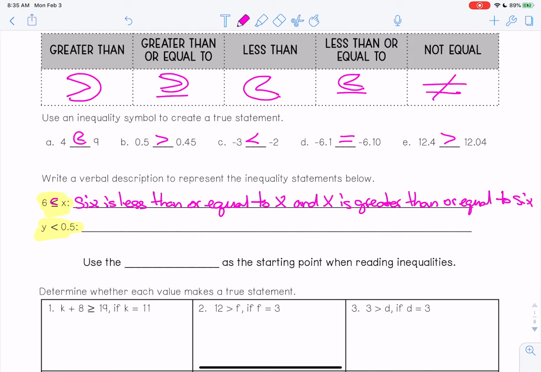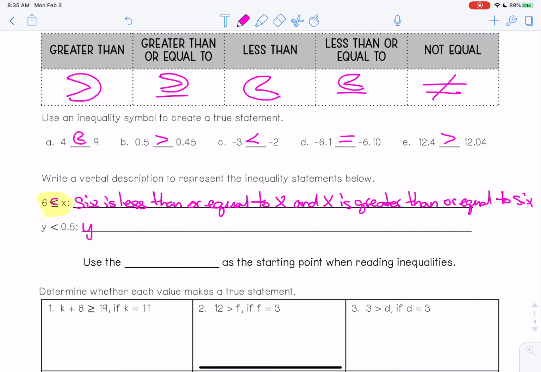In the second one, Y and 0.5. Well, we'll notice this time Pac-Man's still eating in the same direction. So 0.5 is bigger than Y. There's no equal sign underneath it, so that means that Y is just all the numbers smaller than 0.5.